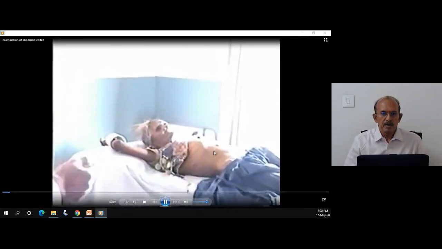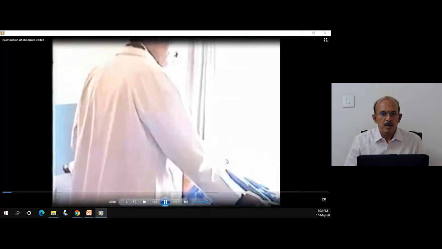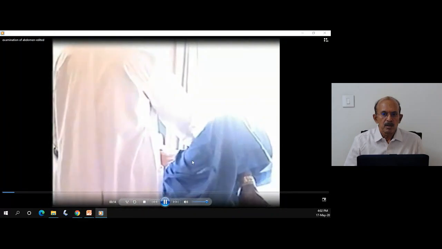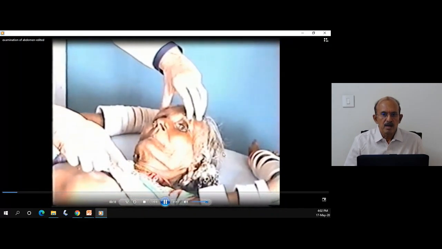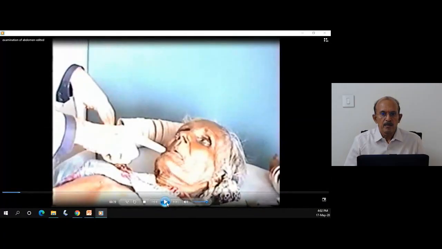You have to keep the patient on the table with both the lower limbs flexed at the hips and knees. Then you must stand on the right side of the patient. The patient must have a pillow under the head.